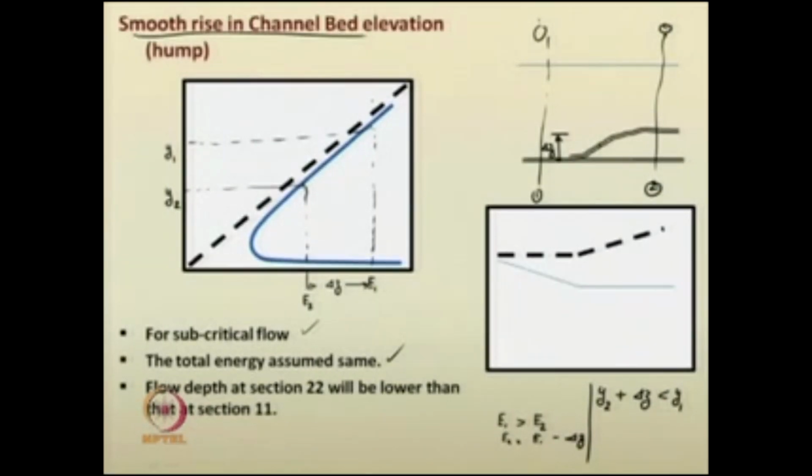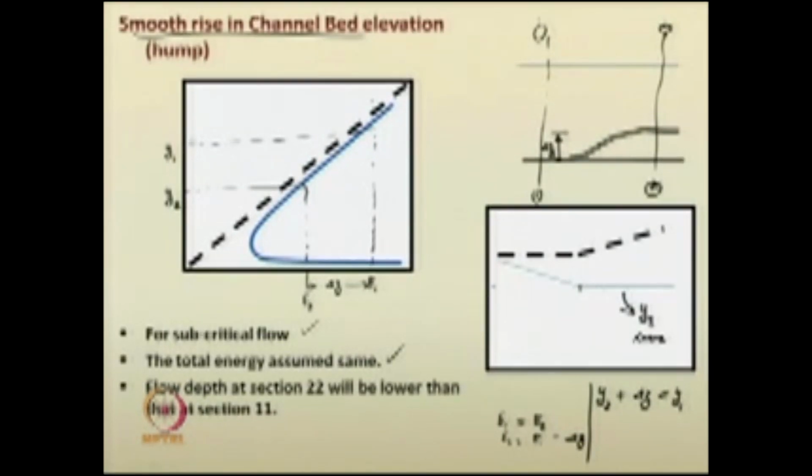Y2 plus del Z is less than Y1 in most of the conditions. Therefore, the downstream curve, this is the Y2 curve, it will decrease, it will reach a critical depth value.